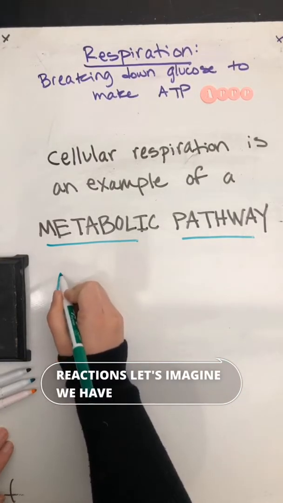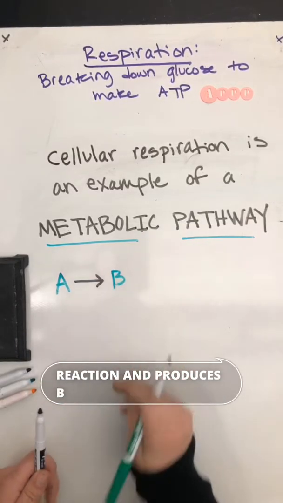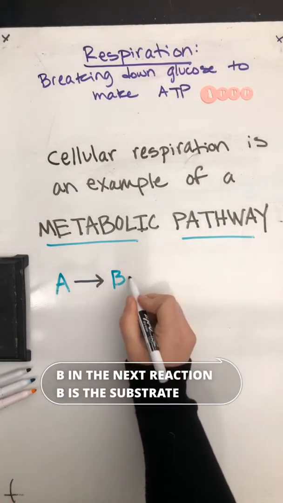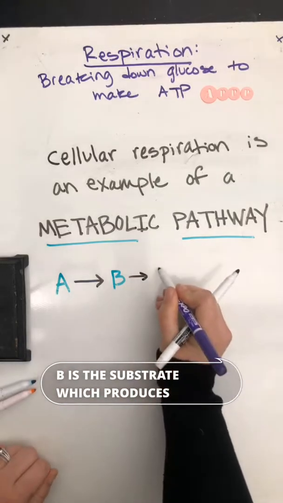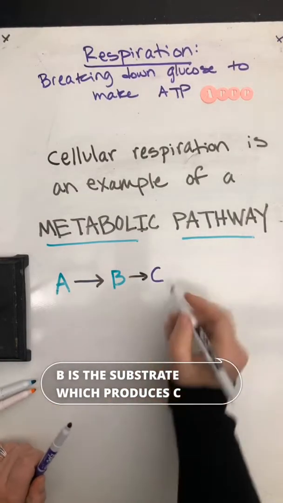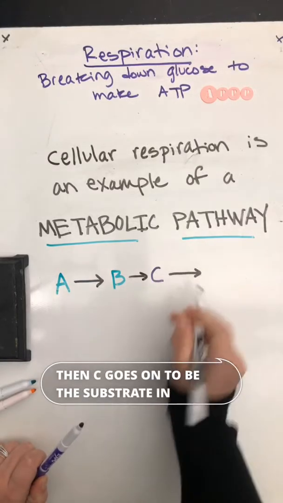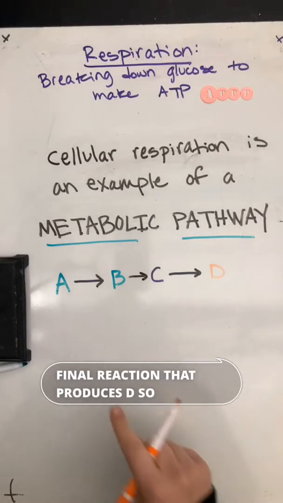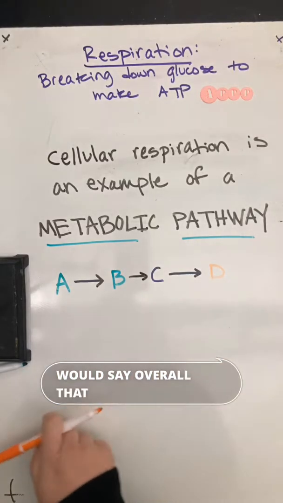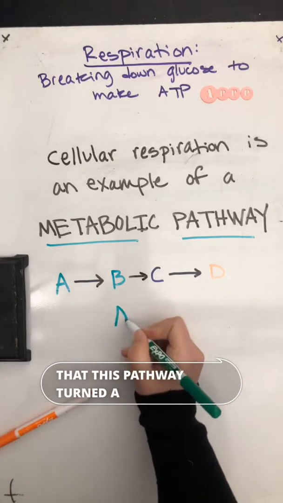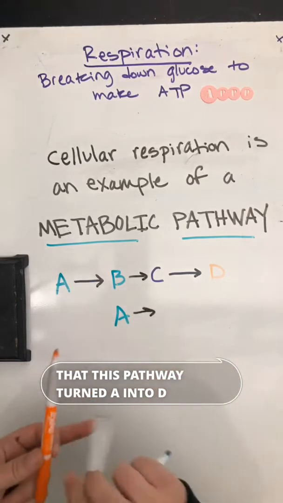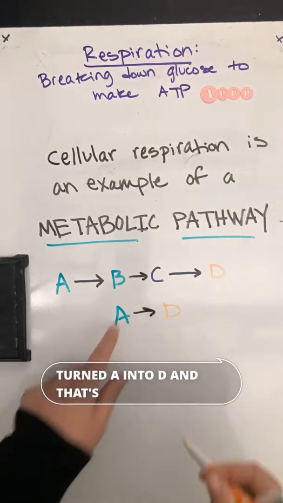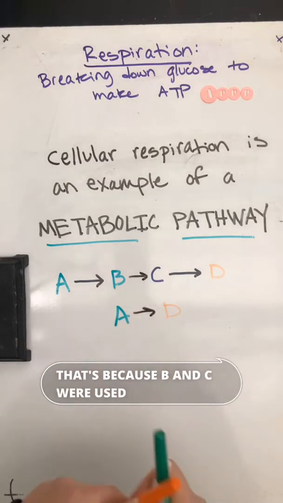So let's imagine we have A, which is the substrate for a reaction and produces B. In the next reaction, B is the substrate, which produces C. And then C goes on to be the substrate in a final reaction that produces D. So we would say overall that this pathway turned A into D. And that's because B and C were used up.